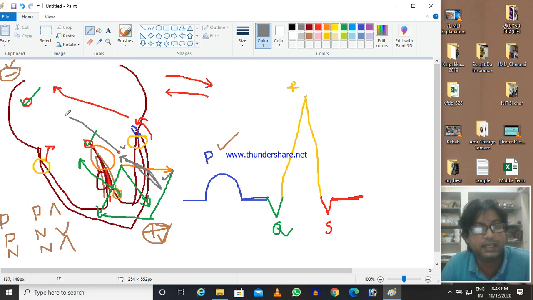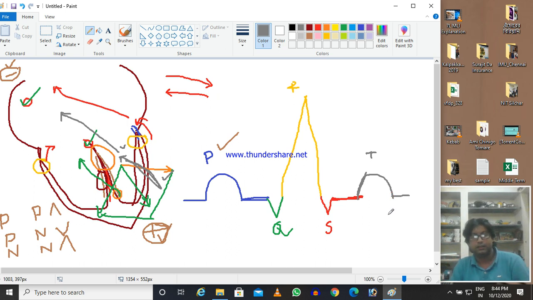Now you see the direction is towards the negative electrode. Repolarization is a negative wave, so the repolarization wave of the ventricle towards the negative electrode will cause a positive deflection. This is called the T wave. After that the cycle will repeat.